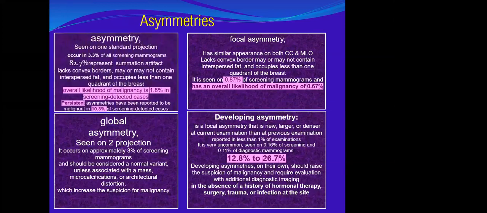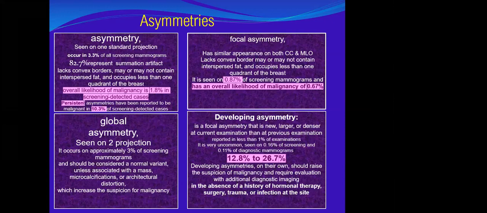And asymmetry is relatively the commonest type of asymmetry, representing 3.3% of all screening mammography. And as we mentioned, 80% or more represent just summation artifacts, while the likelihood of malignancy is only 1.8% in screening detected cases.